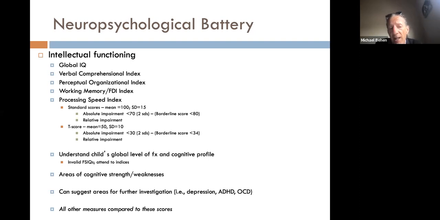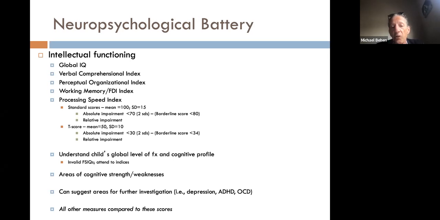So someone who has a verbal comprehension index or standard score of 100, a nonverbal reasoning score of 100, a perceptual organization index of 100, we might compare a lot of their scores on other measures to that number.